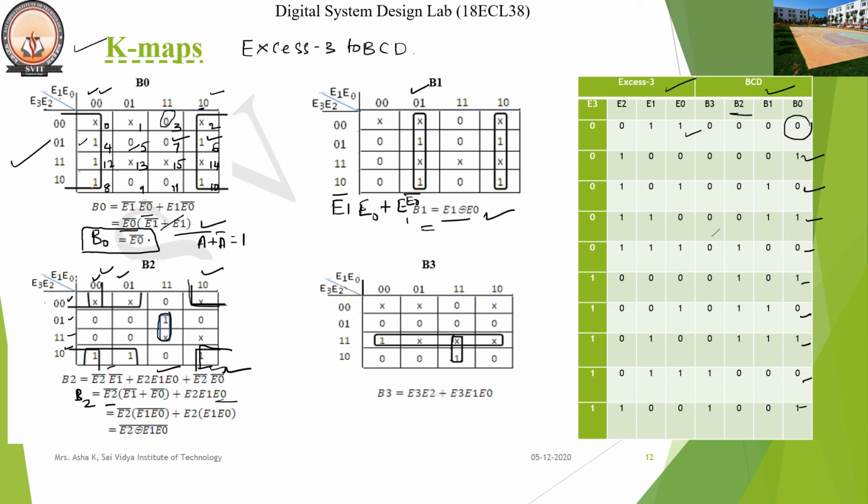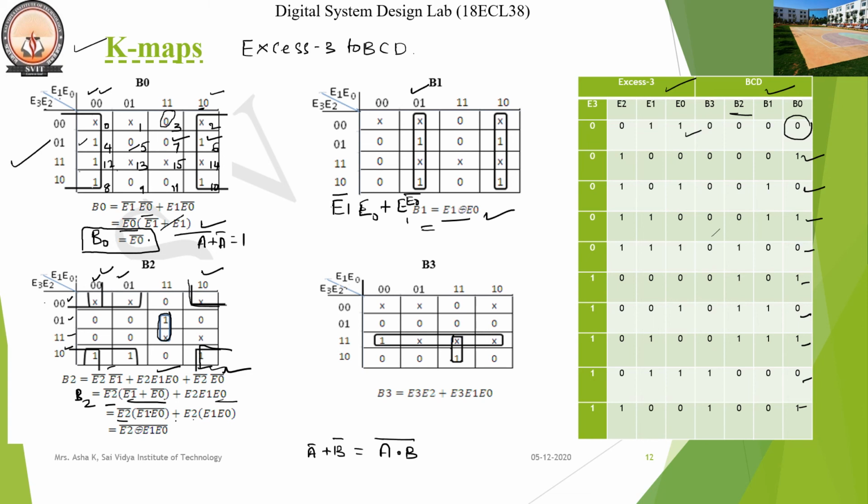Further simplifying, with the help of De Morgan's theorem, this can be written as E1 dot E0 whole complement. That is, A complement plus B complement can be written as A dot B whole complement. Here, E2 dash with E1 E0 whole complement plus E2 with E1 E0.